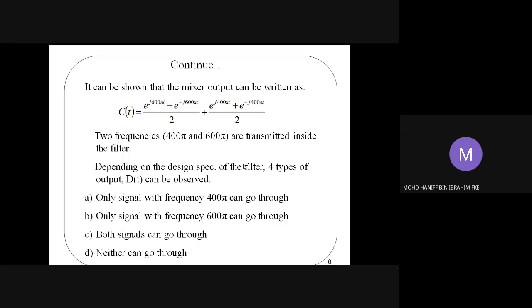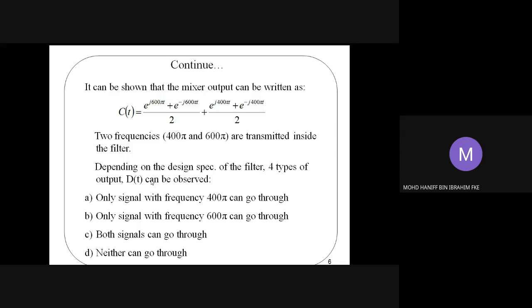Depending on the design specification of the filter, we will have four different conditions for the d(t) output, depending on how we design the filter.